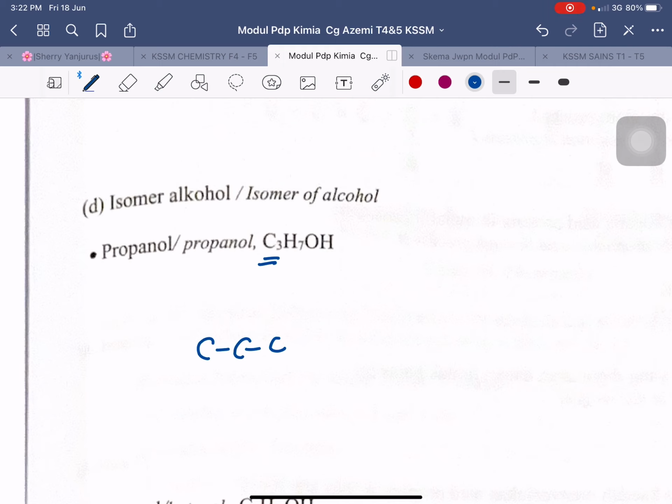And then don't forget to draw OH first. Because OH is the functional group. Usually I will take behind. Sebab you want to draw in front pun boleh, but kalau alkohol ni usually di belakang because kita ikut formula dia lah. Okay, now ada 7 lagi H. 1, 2, 3, 4, 5, 6, 7. So you fill in.